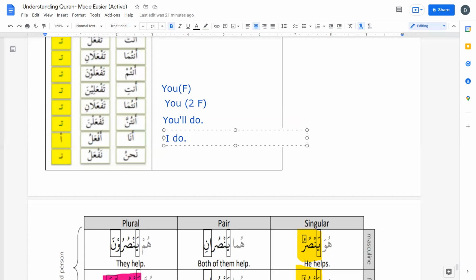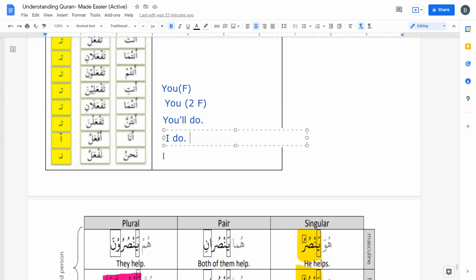Whether two persons are talking, they are going to say we, or when someone is talking on behalf of another person, he is going to use we. And if more than two persons are there and someone is talking on behalf of a group, then obviously he is going to use we.